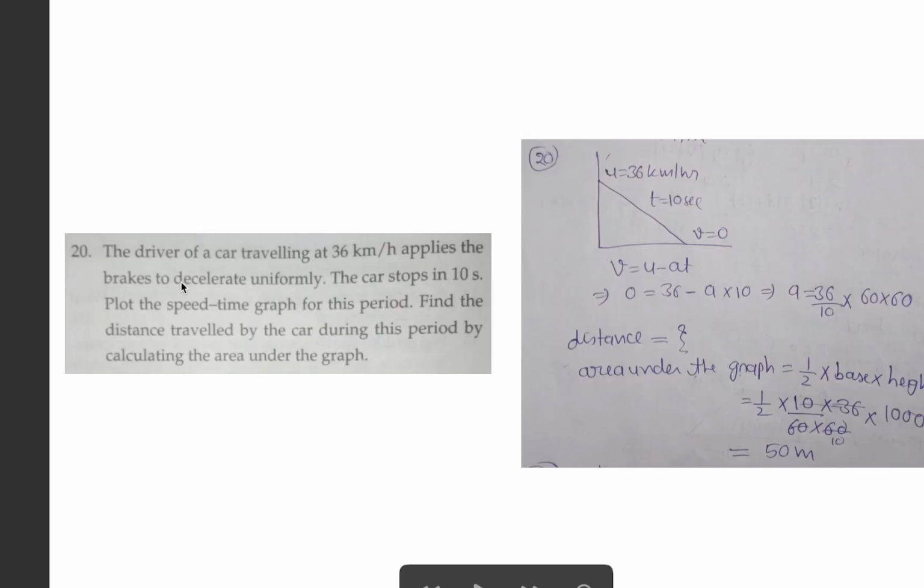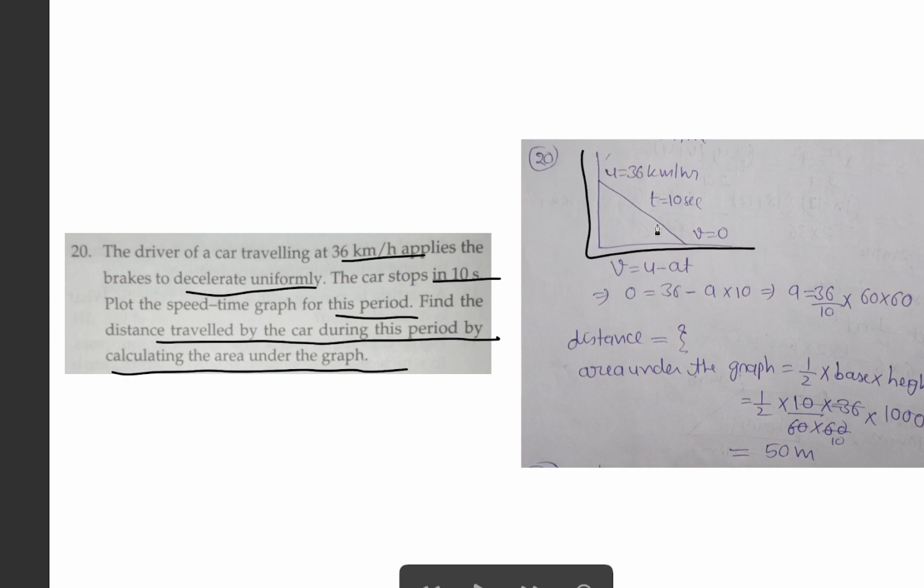In the 20th question, the driver of a car moving at 36 km per hour applies the brakes to decelerate uniformly. The car stops in 10 seconds. Plot the speed time graph for this period. Find the distance traveled by the car during this period by calculating the area under the graph. So the initial velocity is 36 km per hour, the final velocity is 0, and the car stops in 10 seconds.